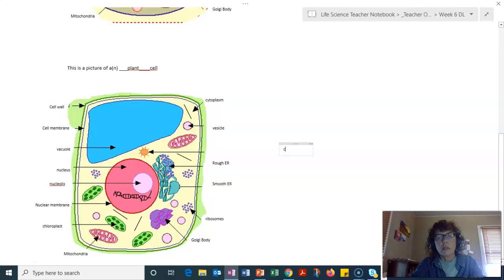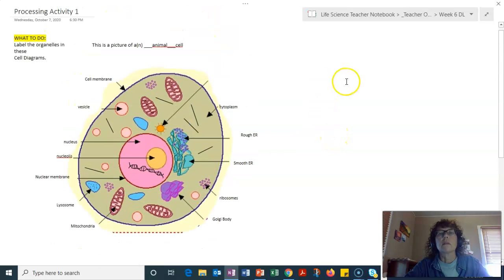Centrosome, C-E-N-T-R-O-S-O-M-E. And that goes with the thing that looks like a sun. And then centrosome up here at the top.